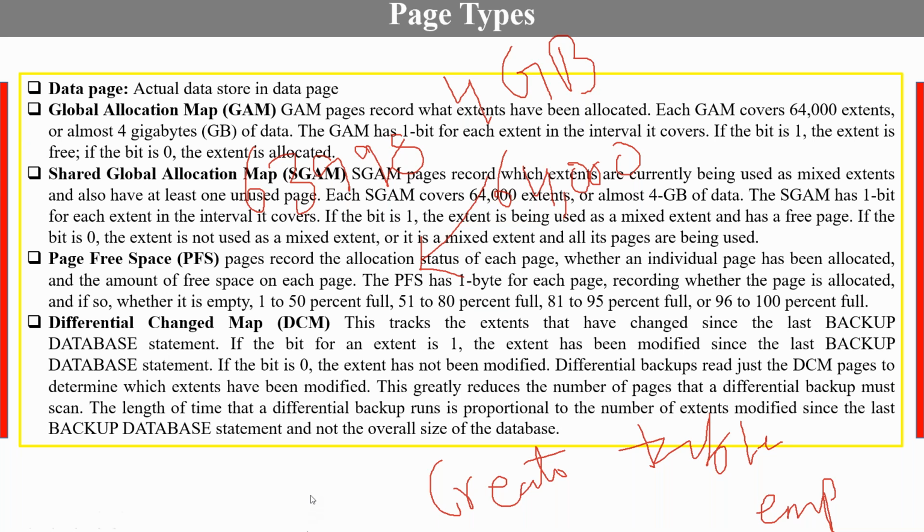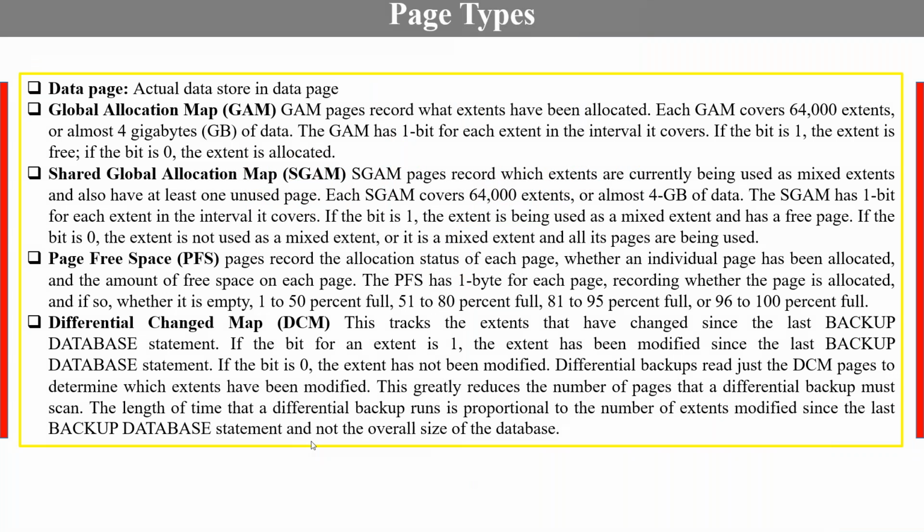Now, what is the SGAM? SGAM is the same concept. SGAM also contains 64,000 extents of information and covers 4 GB, but it is not allocating. SGAM stands for Shared Global Allocation Map.